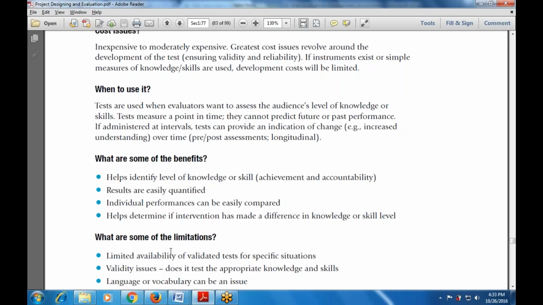It helps to identify the level of knowledge. Results are easily quantified. Individual performances can be easily compared. It helps to determine if the intervention has made a difference in the knowledge or skill level.